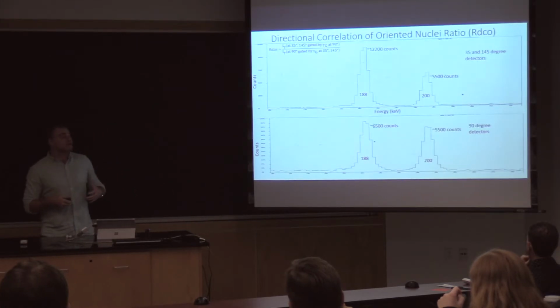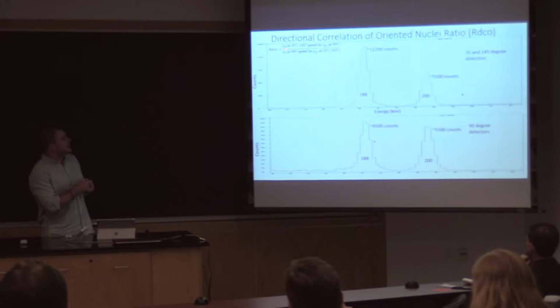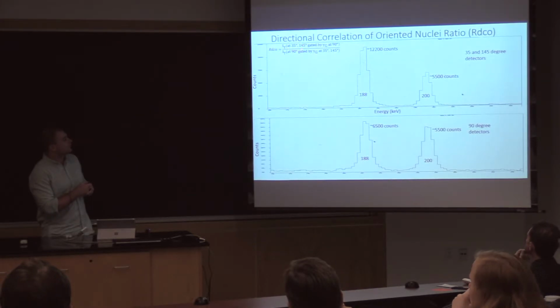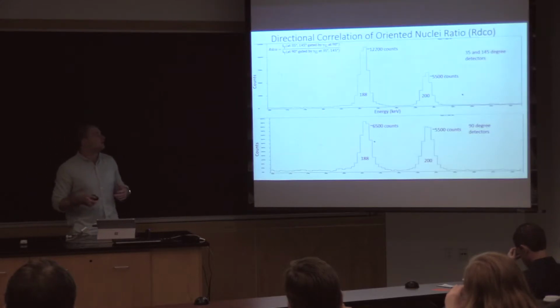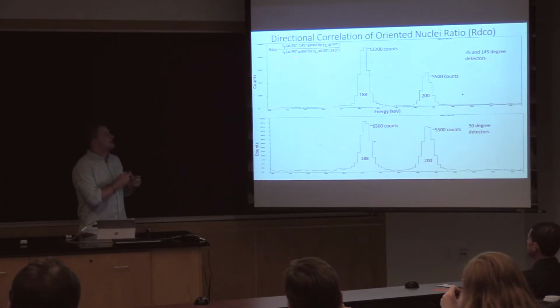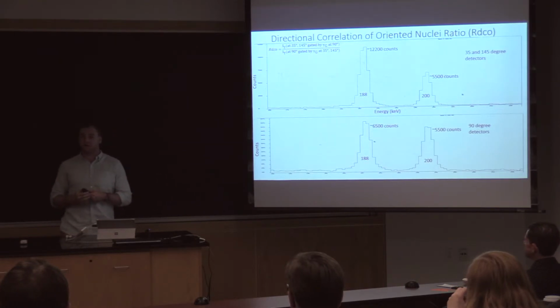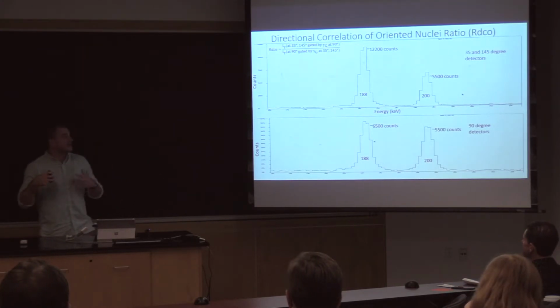How we calculate this is the gamma ray intensity at the 35 and 145 degree detectors gated by the gamma ray on the 90 degree detector, divided by the intensity at the 90 degree detector gated on by the 35 and 145 degree detector.